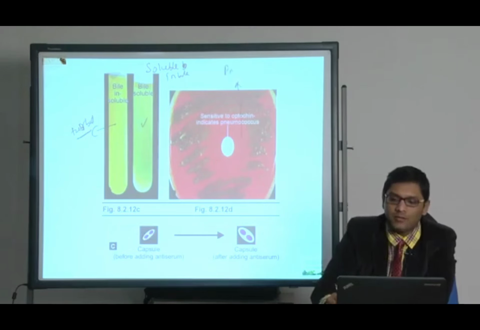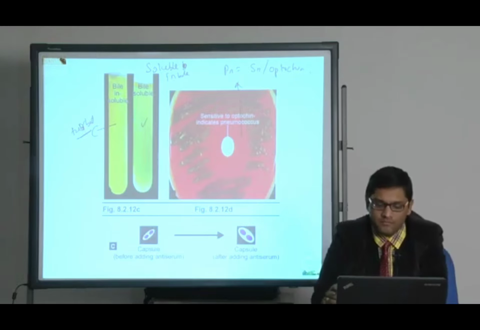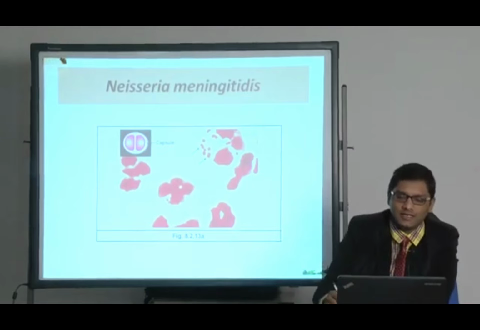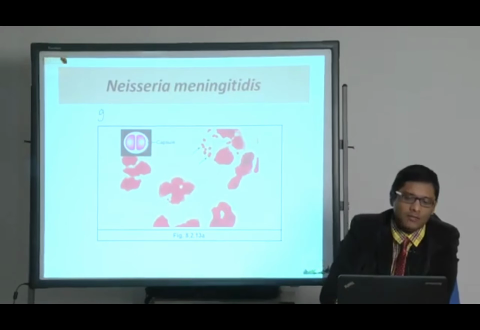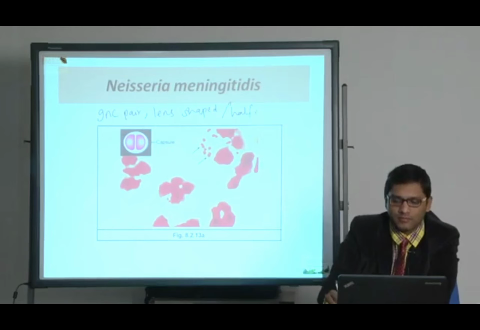Why? Because pneumococcus is sensitive to optochin. Okay. Then coming to Neisseria meningitidis, gram negative cocci in pair, lens shaped or half moon shaped.